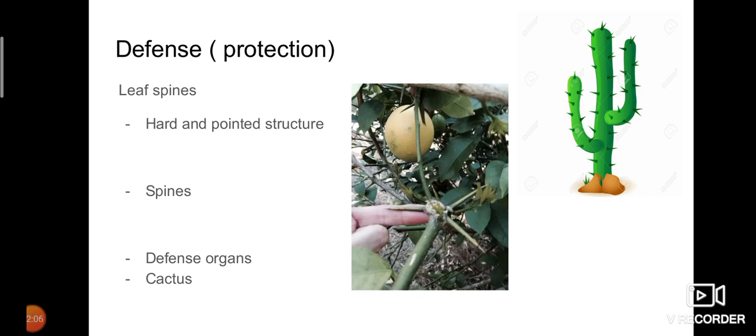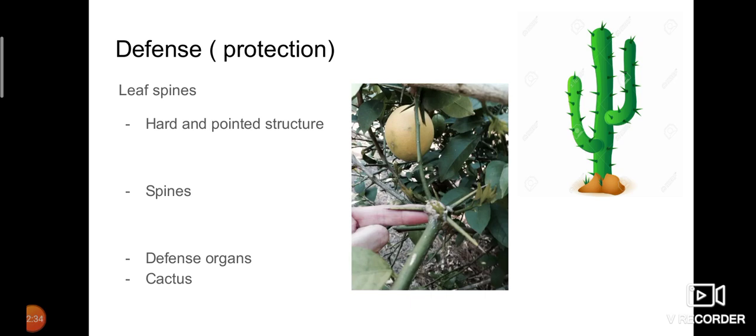Let's take the first one, defense. Defense means protection. First think about the stems. In stems also there are some modifications we have seen. Do you remember? Like stems, leaves are also modified and they act as protectors, that is, they provide a defense mechanism.